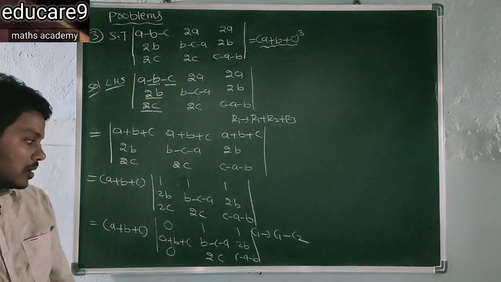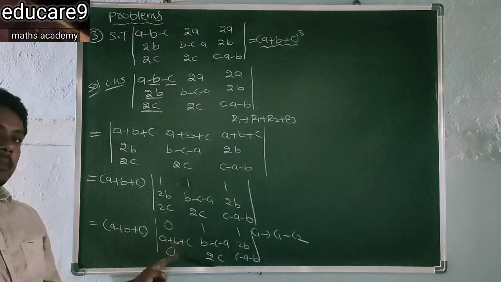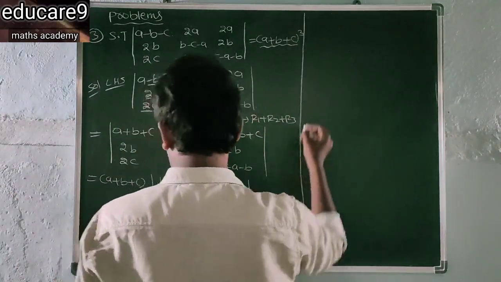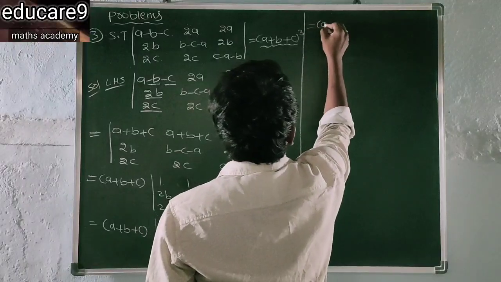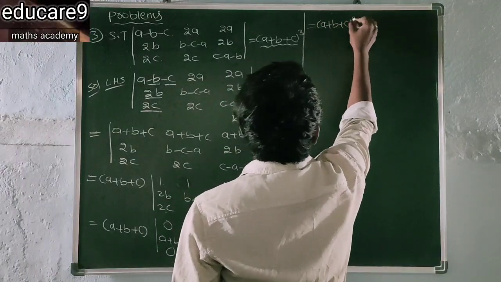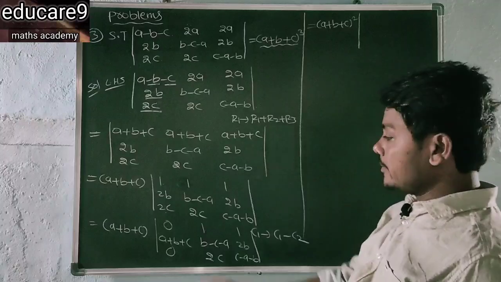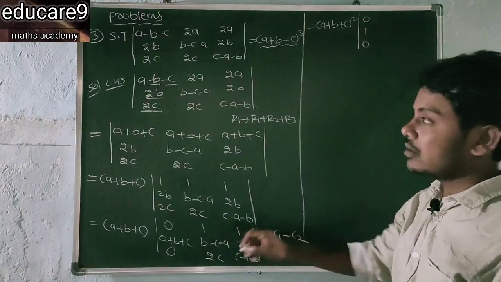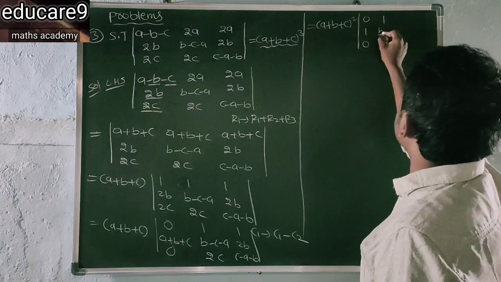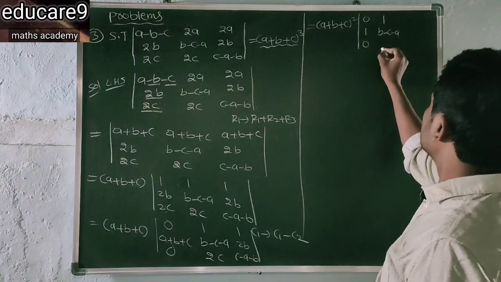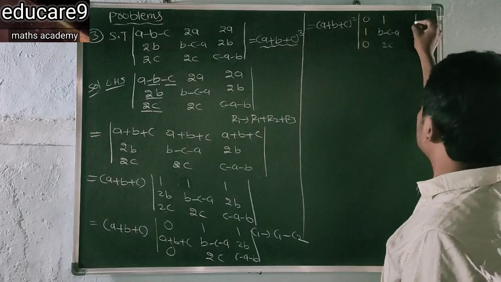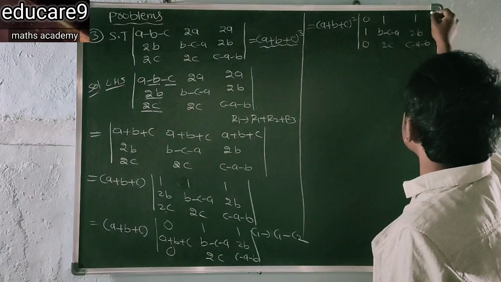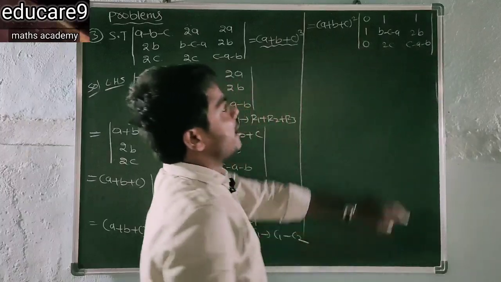Okay. Now clearly from the first column A plus B plus C is common. So A plus B plus C whole square. What are the remaining terms? 0, 1, 0. Next one 1, B minus C minus A, 2C. Next one 1, 2B, C minus A minus B. Okay, now find this determinant.